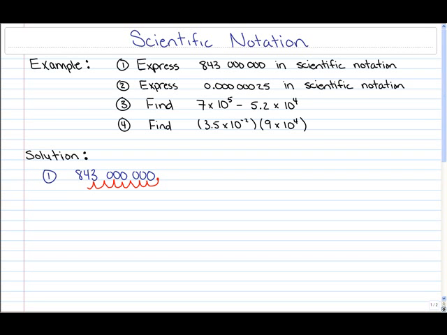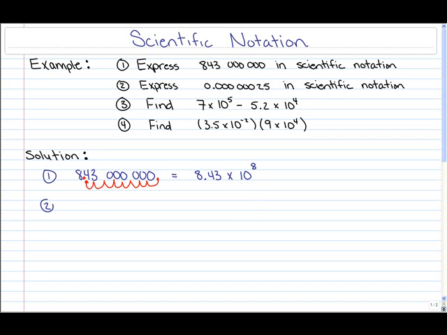In that case, we'd stop right here between the 8 and the 4, and we'd place our decimal point right there. You'll notice that you've actually moved it 8 places to the left, and so you would have 8.43 times 10 to the 8.